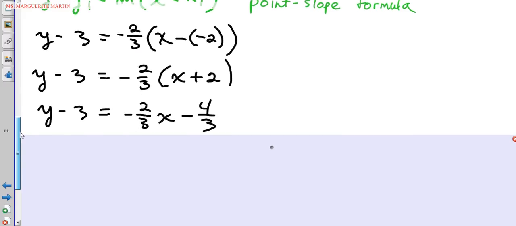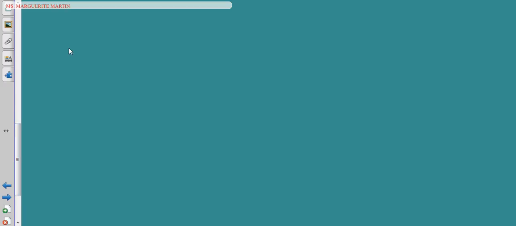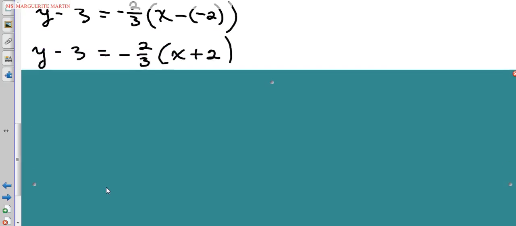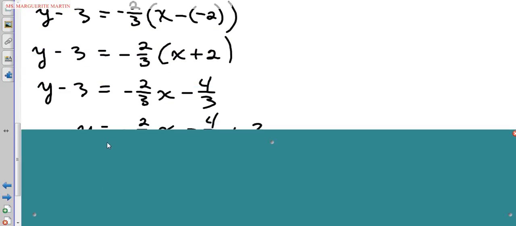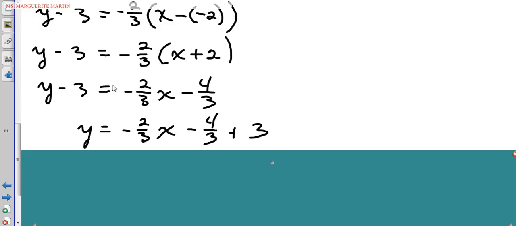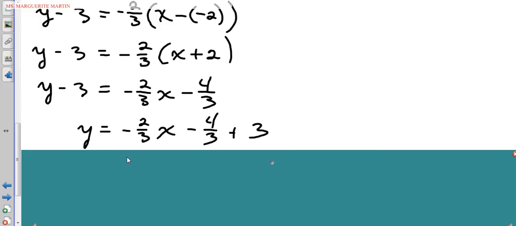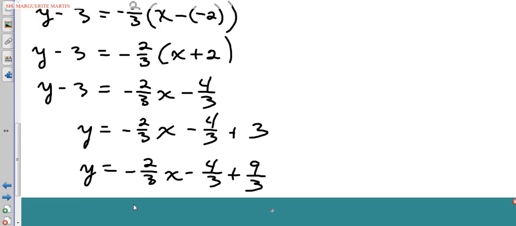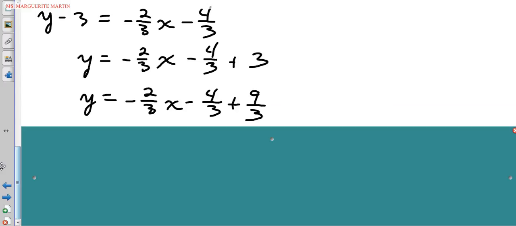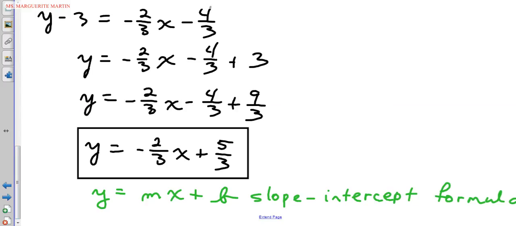Now I want to get y by itself, so I'm going to add 3 to each side. So now we're going to change 3 so that it is 9/3, so it has a common denominator. So that's going to give us our answer: y equals negative 2/3 x plus 5/3.